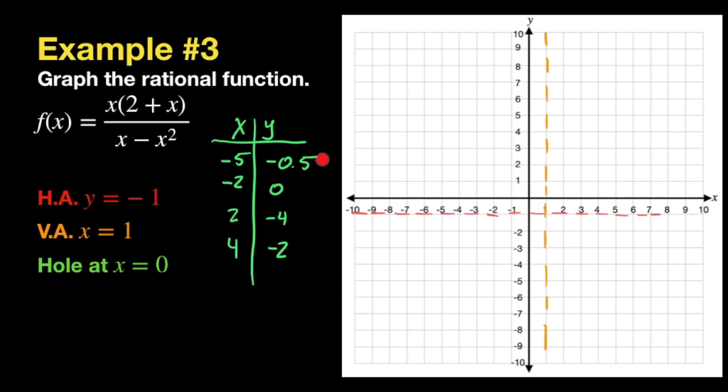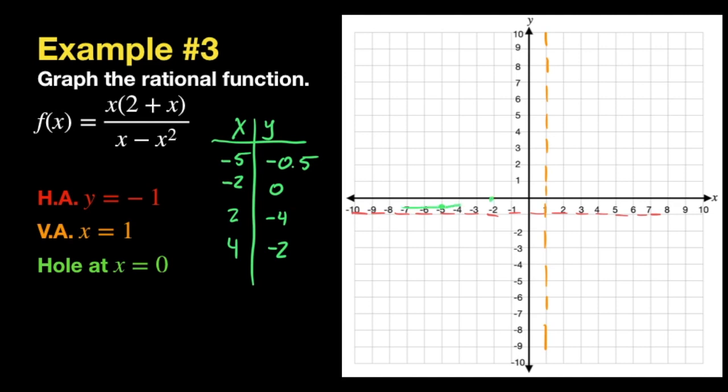If we look at these numbers, they are increasing. So from left to right, we see that there's going to be a movement going up. But they're still above our horizontal asymptote. So our first number is somewhere here, and our next number is going to be at 0.